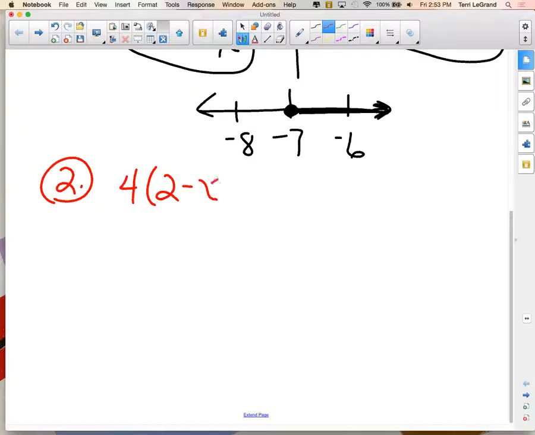This one's going to have actually 4 different ways you could start it after you get it simplified. So first we need to simplify this one, then we can go to work solving it.